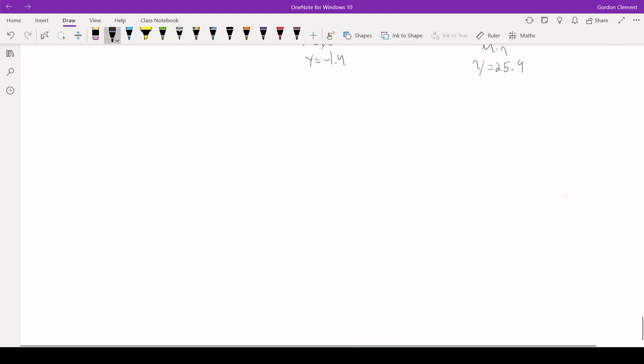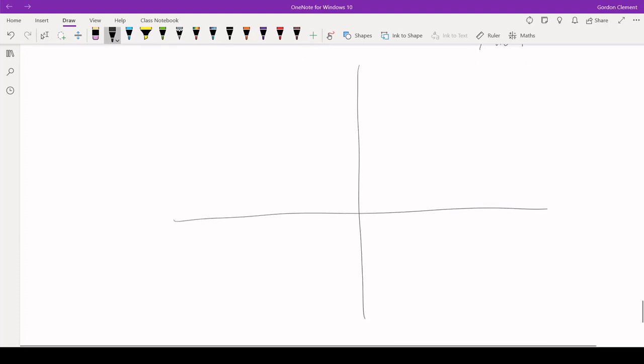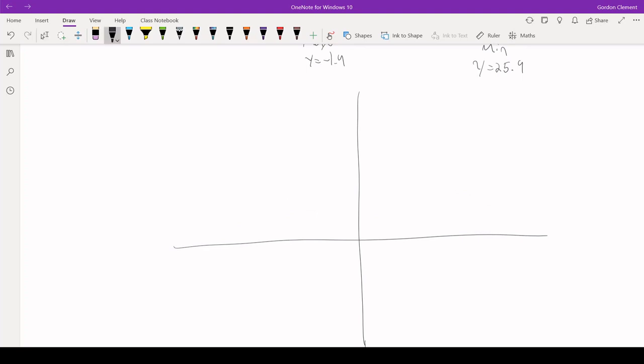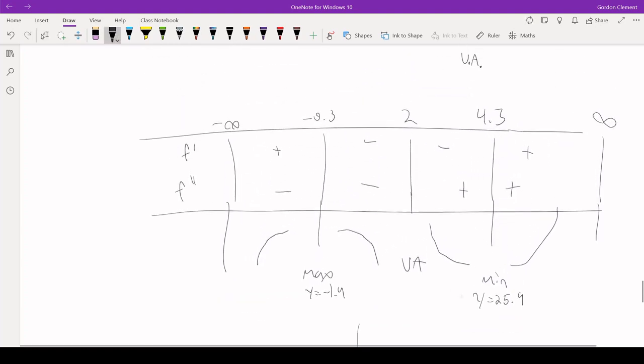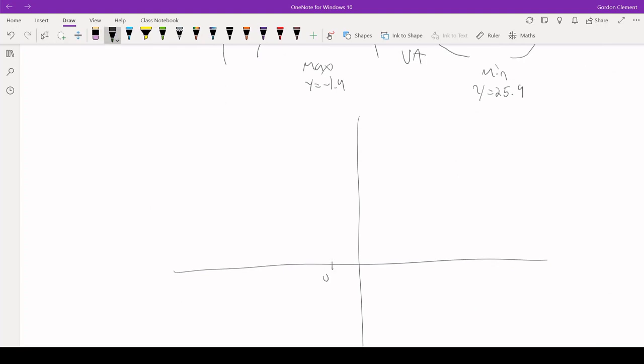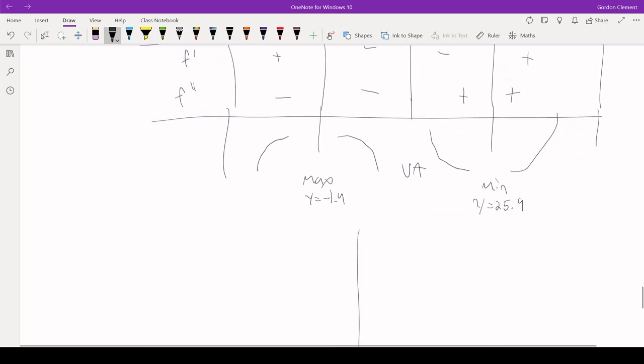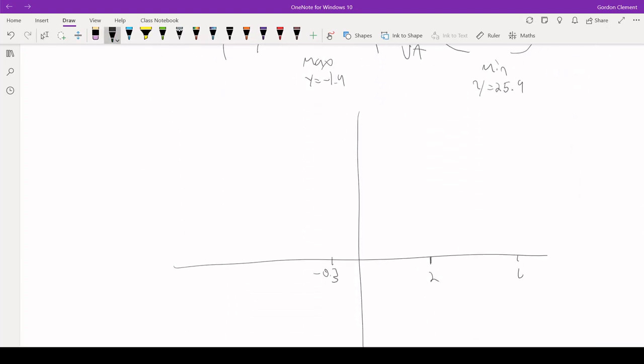So let's see if we can sketch this thing. So we need a minus 0.3, a 2, and a 4.3, something like that, we'll call it.